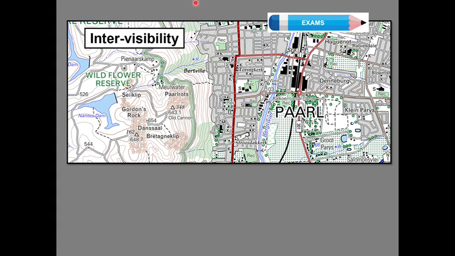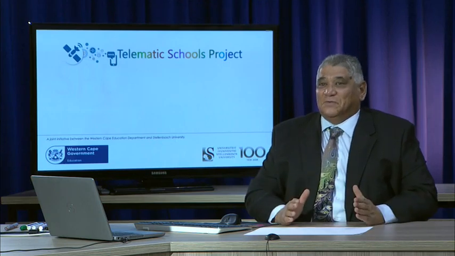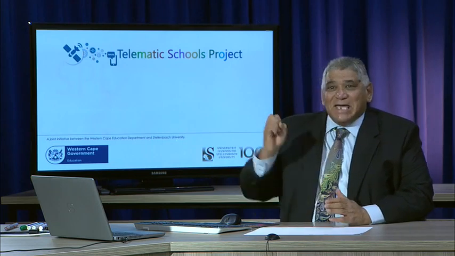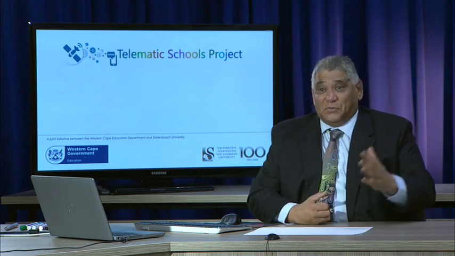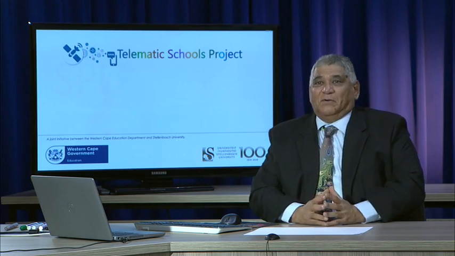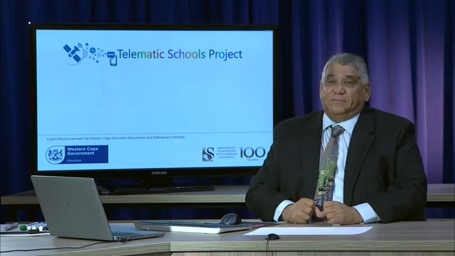The children of Klein Nederburg Secondary School will tell you, yes, it is visible. Of course, we can see it. When you're at our school, the first thing we do is look up towards Paarl Mountain, towards the west, and we see Paarl Rock. It is visible. The question is, do you know how to do it on a map?